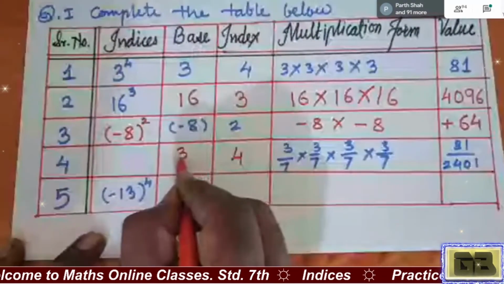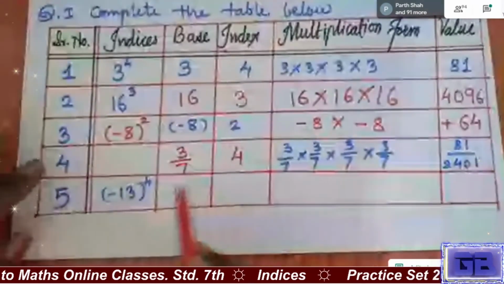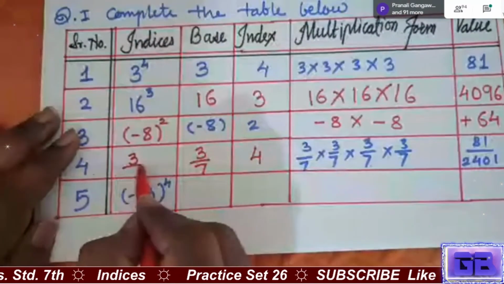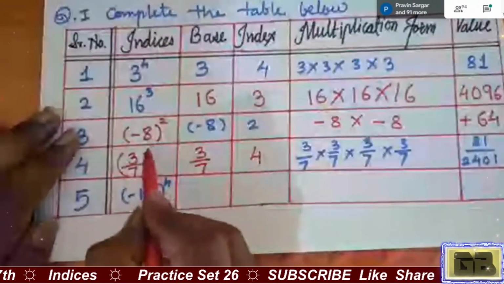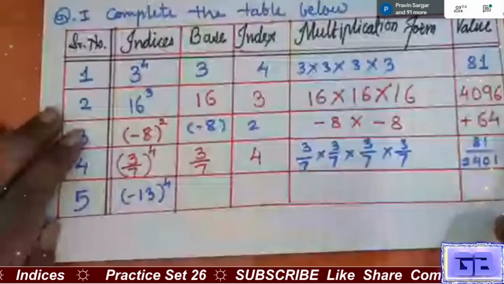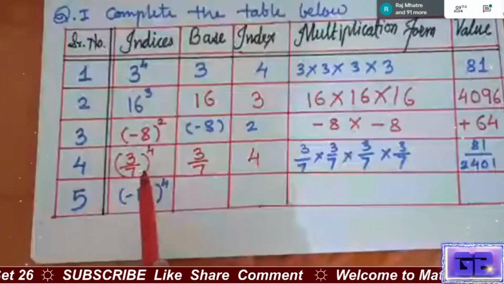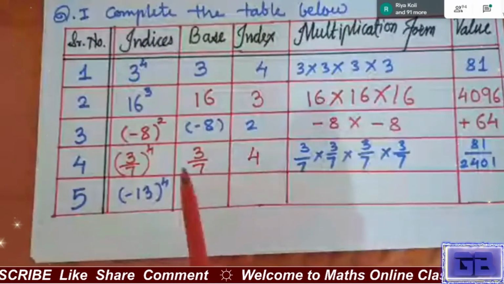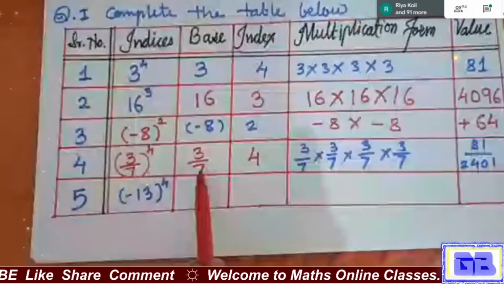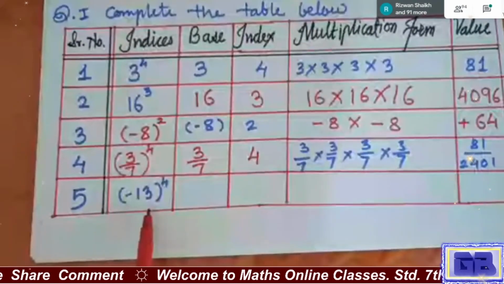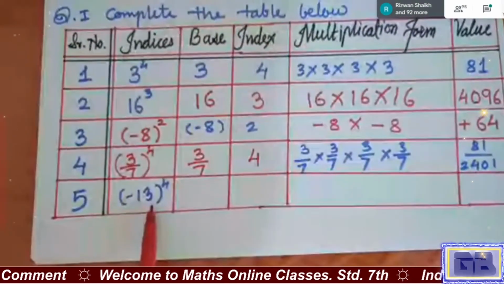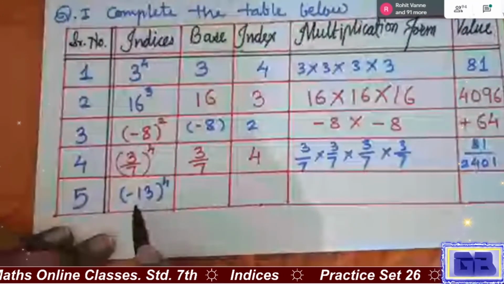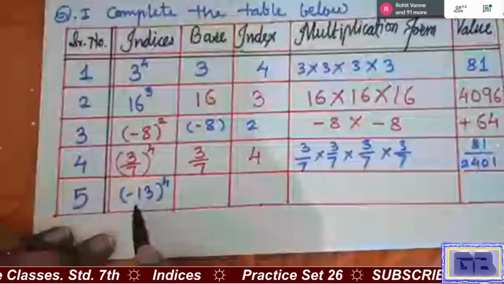So 3 upon 7, and to write it in index form, 3 upon 7 bracket raised to 4. See here, sometimes if it is blur, so here we have written raised to 4, index is 4, base is 3 upon 7.